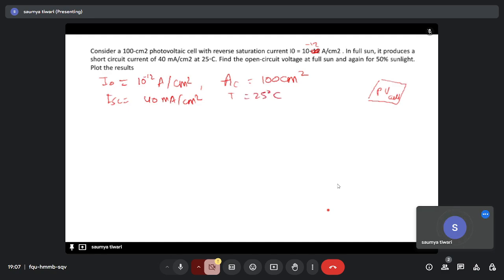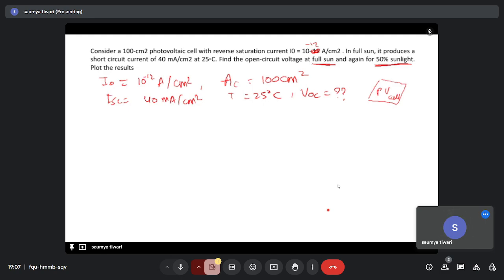Okay, and we have been asked to calculate the open circuit voltage at two points. One is at full sun condition and one is at 50% sunlight condition, right?